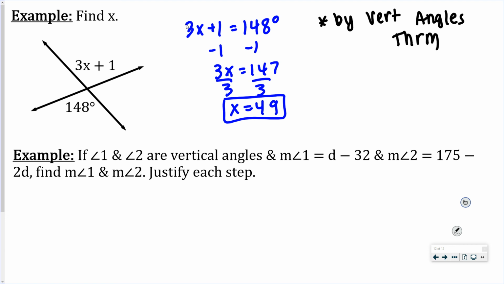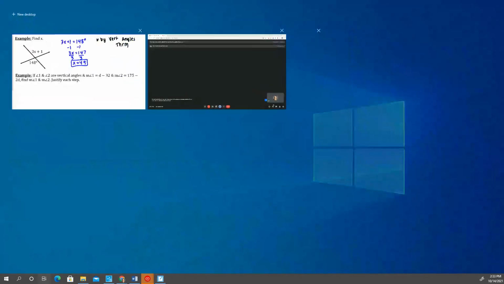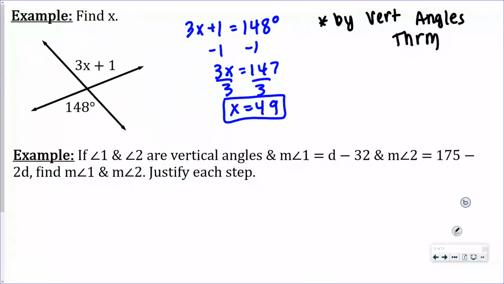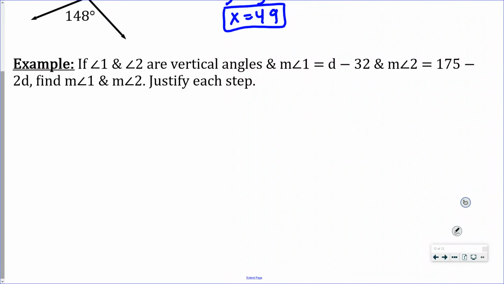All right, we're gonna end with a good old two-column proof. And look how this is stated a little bit differently in the directions here. I'm gonna give you a heads up. This is an 11-stepper, so write small.